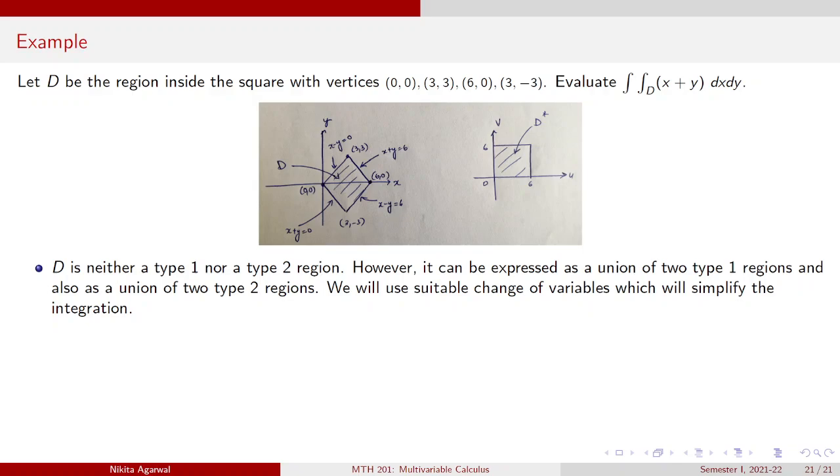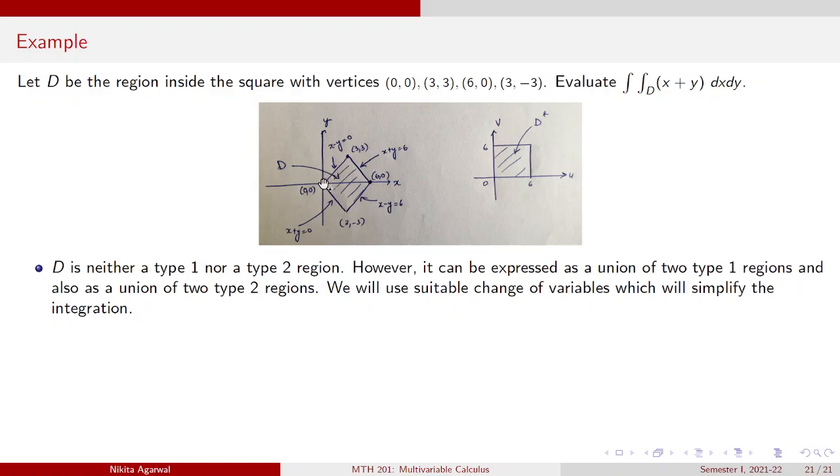But a very simple method, a very simple change of variables converts this region into a rectangle in UV plane. So now you have to be smart here as to what the new variables should be.